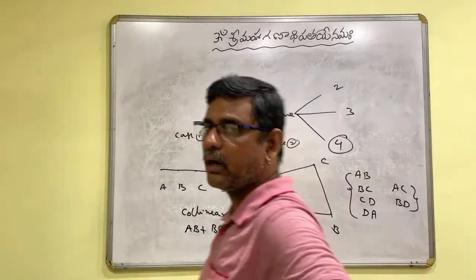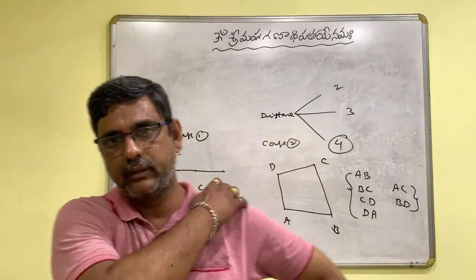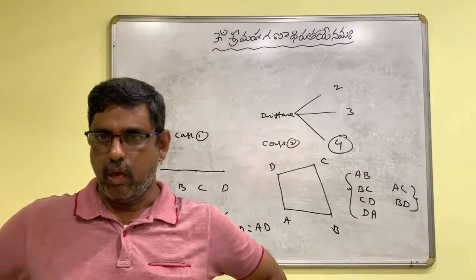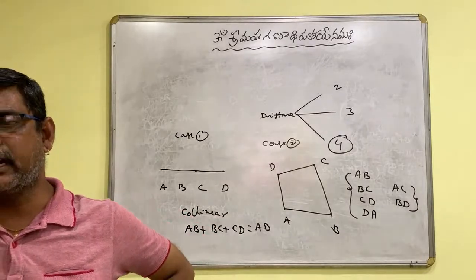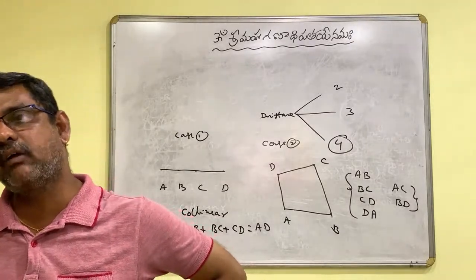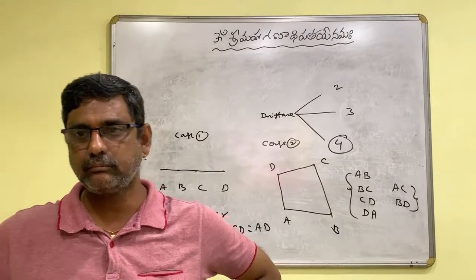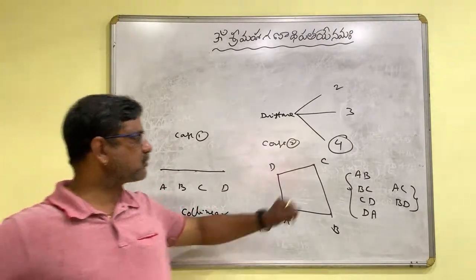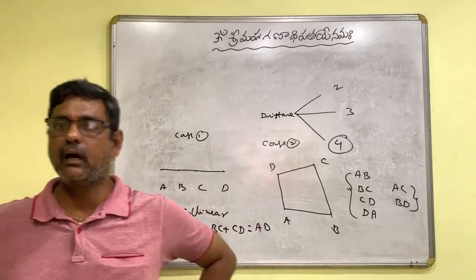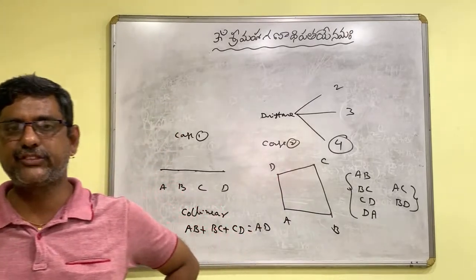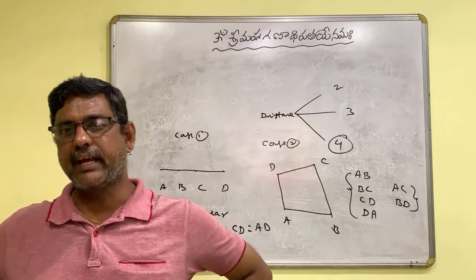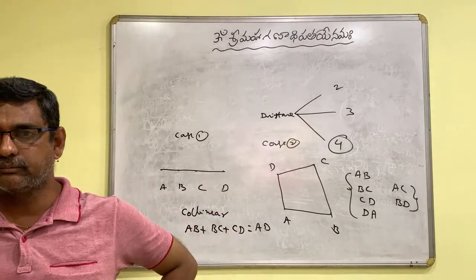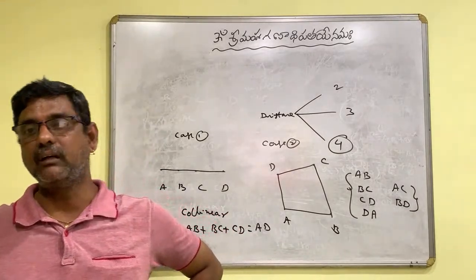Next, for a rhombus, we need to prove all sides are equal and diagonals not equal.